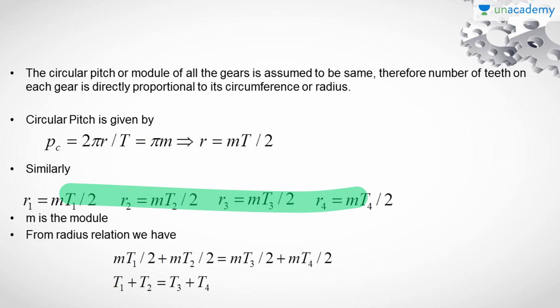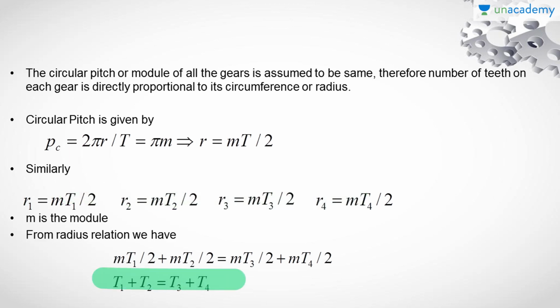So this is the condition that we have obtained by assuming that the module is constant for the 4 gears in the reverted gear train system.